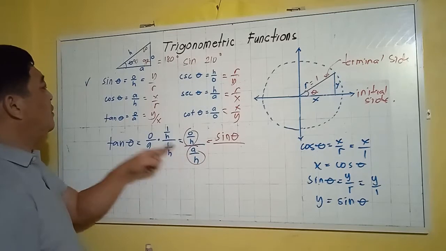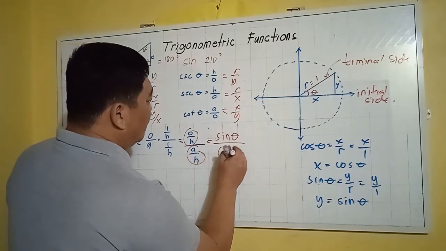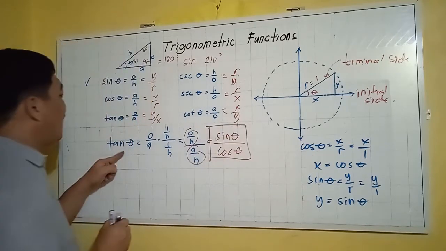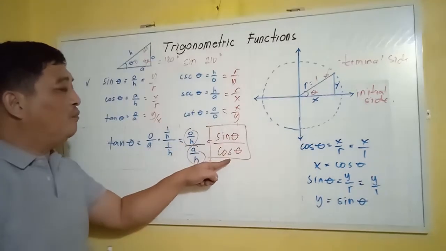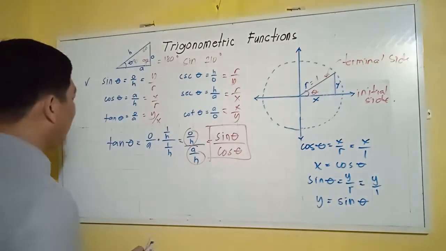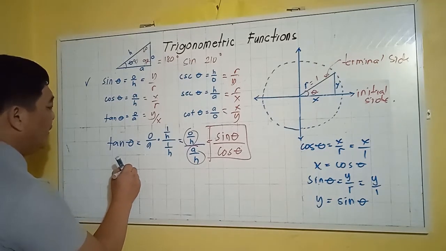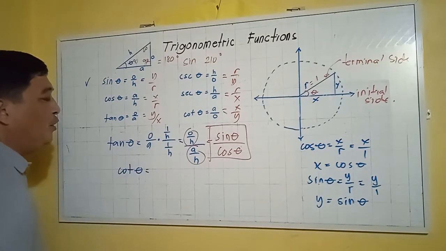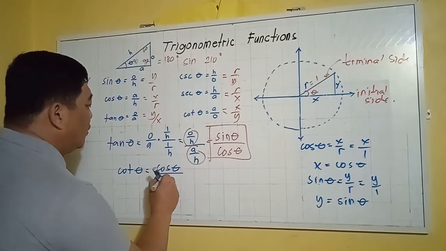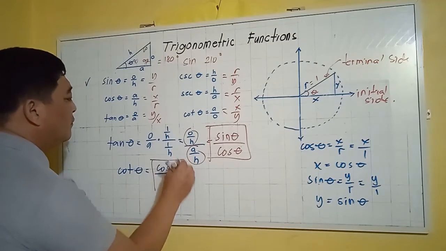A over h, adjacent over hypotenuse, we have cosine theta. So the ratio of tangent theta is equal to sine theta over cosine theta. Now it means that the ratio of cotangent theta will be equals to cosine theta over sine theta.